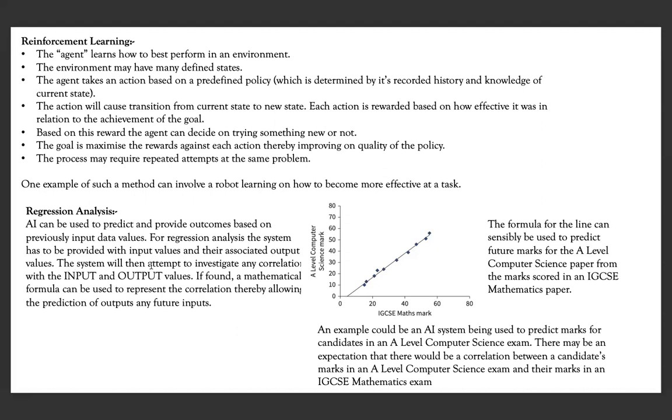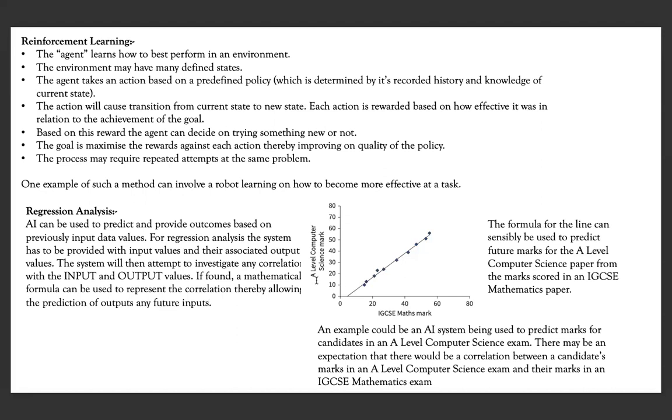The system will then attempt to investigate any correlation between the input and output values. In our example, the input values are IGCSE maths, and the output values are the relevant A levels computer science marks. If any correlation is found, a mathematical formula can be created to represent the correlation, thereby allowing the prediction of outputs for any future inputs.